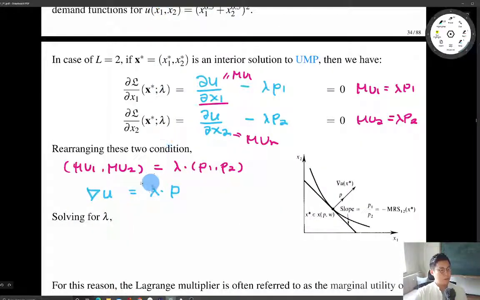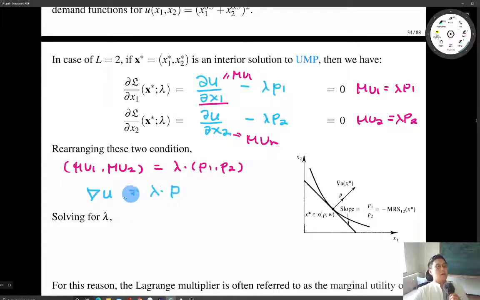So going back to this one, mu is the partial derivative of the utility function, so we can simply rewrite this as the gradient of u. And on the right-hand side we have some non-negative constant lambda times the price vector.